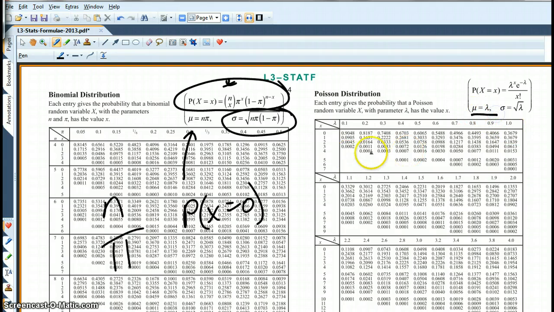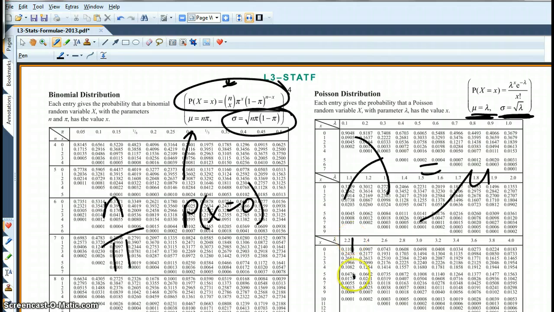Okay. Here the mean is lambda, so lambda and the mean, same difference. Lambda is also our probability, and we're given that over a continuous time or space, and we change the time and space by changing lambda. Standard deviation is the square root of lambda, which could come up.